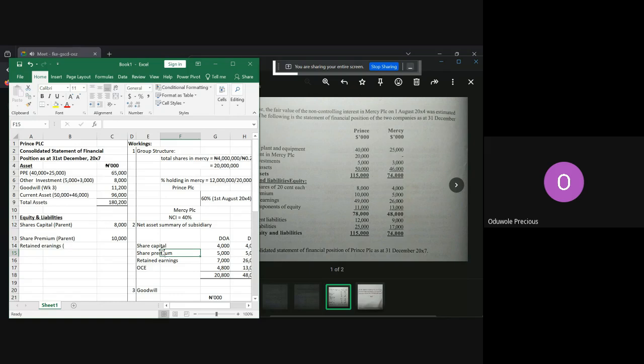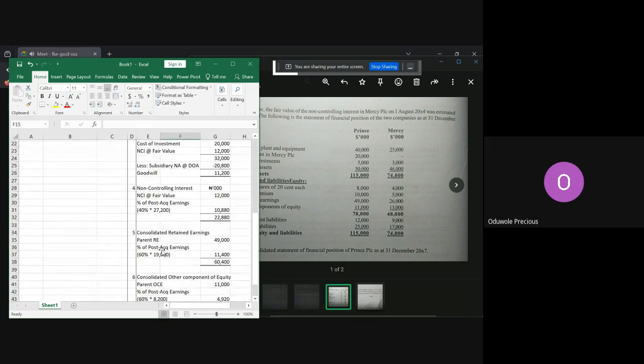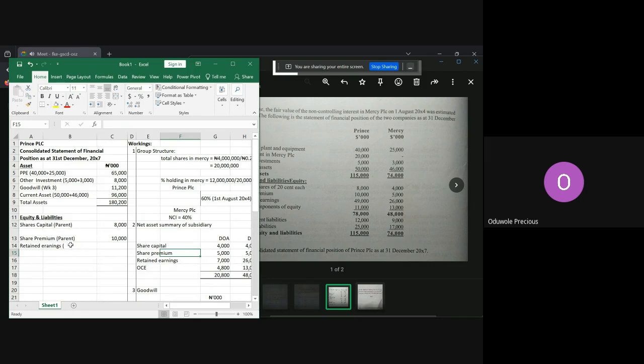We've already got our consolidated retained earnings. 6,400. Workings 5. 6,400, right?